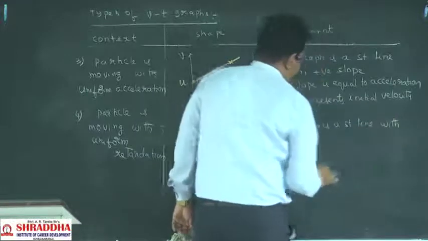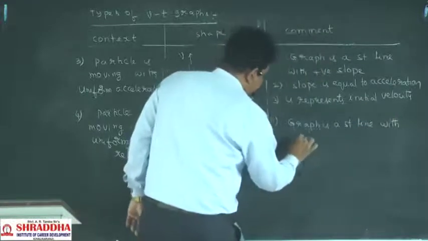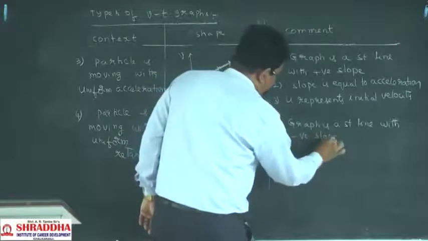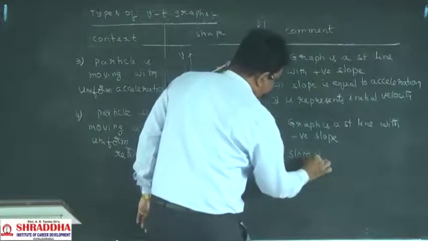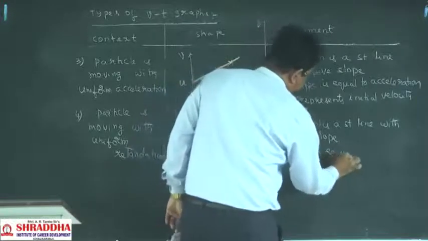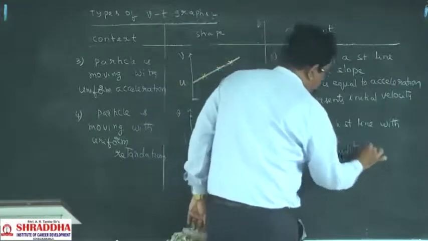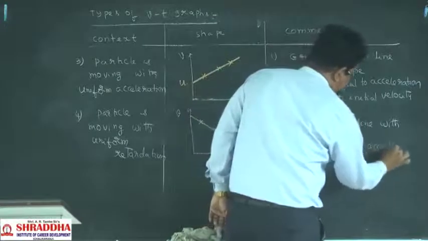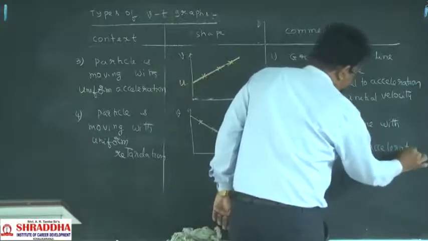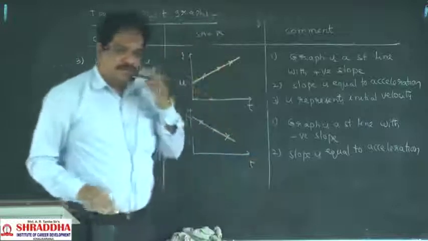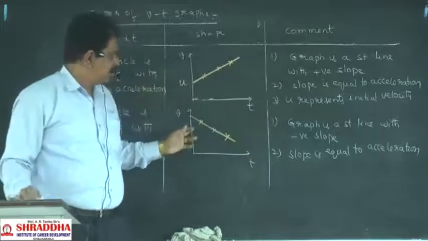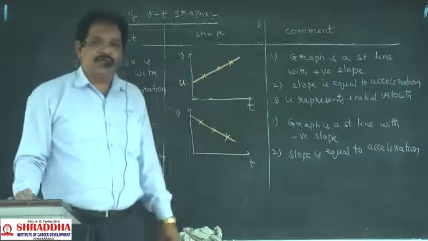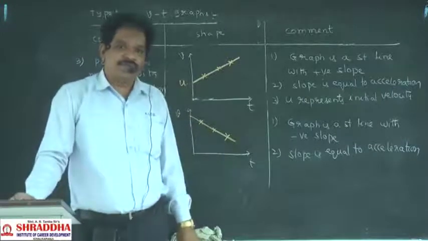Slope is equal to acceleration. These things we can understand from the graph.